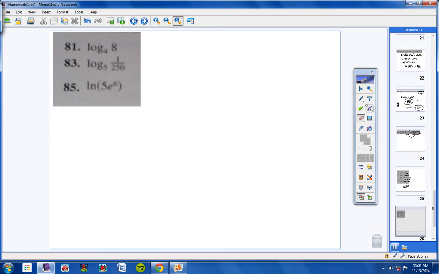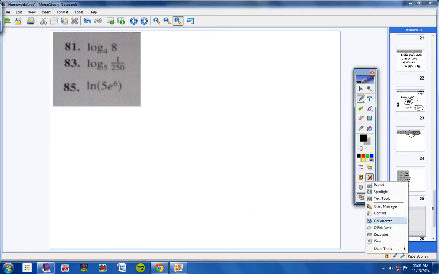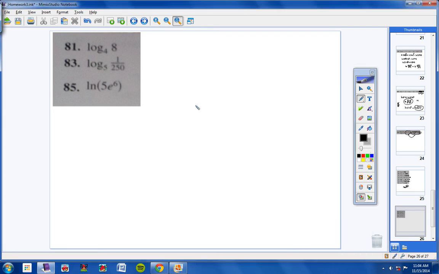Here we go. Okay, right away, students, I see, like I saw up here, that because I had a base 5 right here, I wanted to somehow write the base with 125, which I could then break down to a power of 5, 5 to the third power. Well, here, look what I have, guys. I have natural log, which is base e, of this. And notice I have a base e already right here. So here's what I'm going to do.